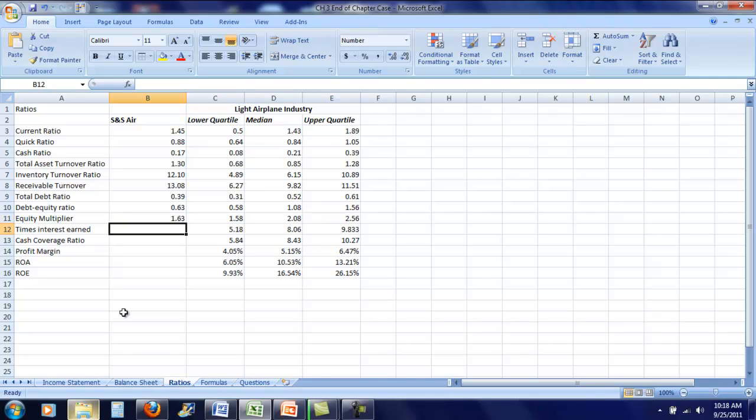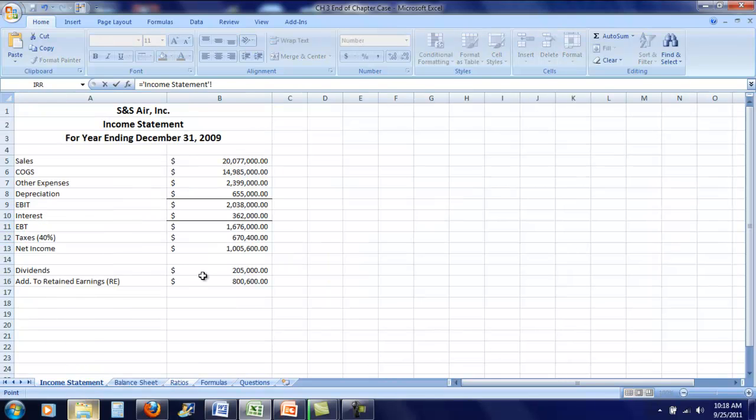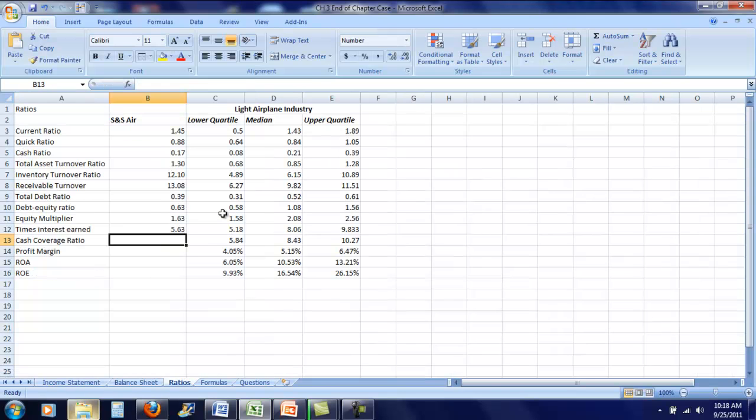Basically, we've borrowed money, we have interest, and how well can we cover this with our regular earnings, EBIT. So we're going to go to the income statement. We're going to find EBIT. We're then going to divide that by our interest, which is listed below EBIT. So we can cover our interest with EBIT 5.63 times.